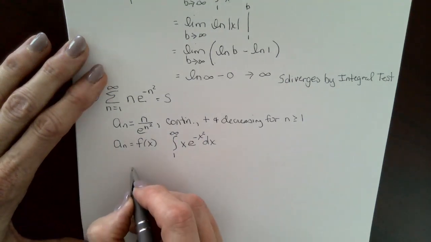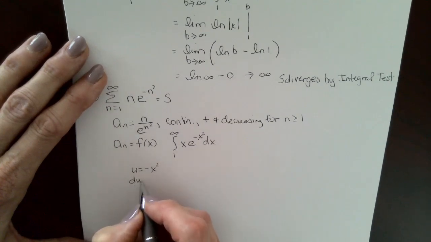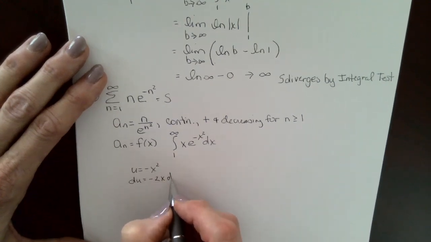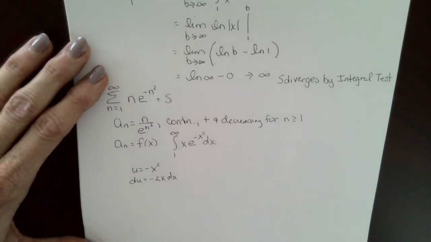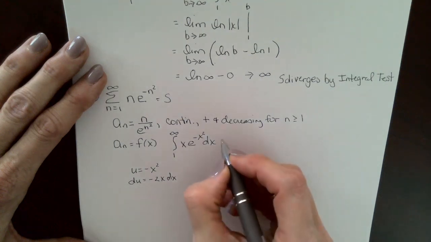Okay, so let's set it up. u is equal to negative x squared. So then du is negative 2x dx. So your x's will cancel and you'll have a correction constant of negative 1/2, right? If you divide through to solve for dx, you'd have negative 1/2. Okay, so here we go.